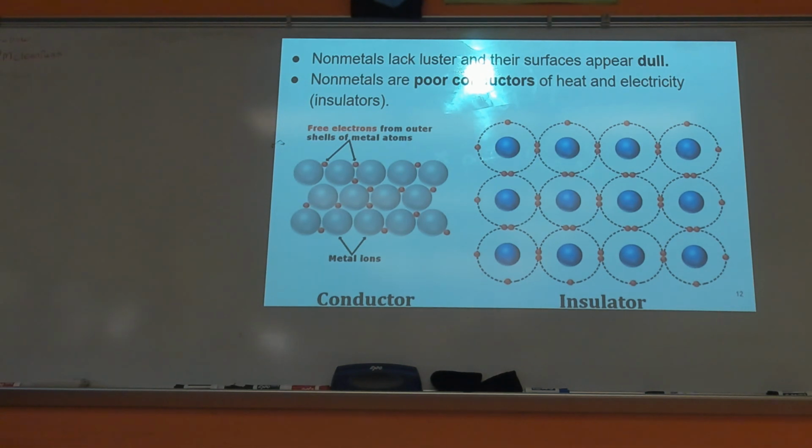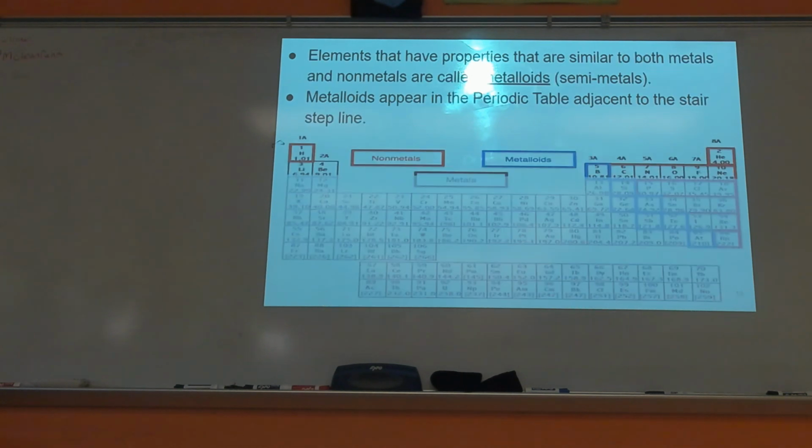You'll appreciate this more later on in the year, but these red spheres are the electrons. See how these electrons are held tightly? They're held up in a bond, we would call it. Whereas in metals, the electrons are free to move around. That's why they're good conductors. But we'll work on that as the year goes on.